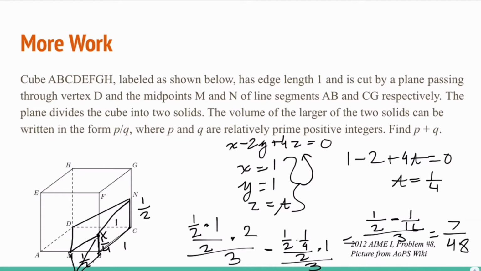And that's the volume of the frustum. But we need the volume of the stuff other than the frustum, since 7 over 48 is less than half. So we need to subtract this from 1, and we get 41 over 48. So our answer is 41 plus 48, or 89.